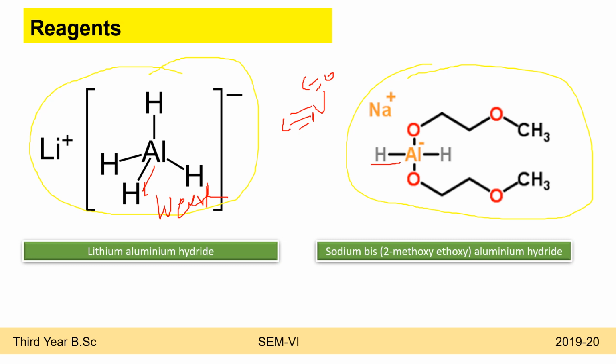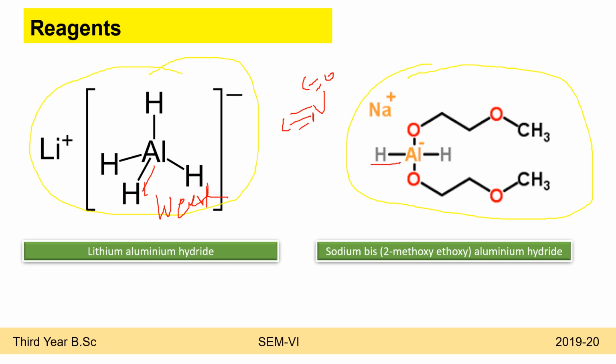Both are non-chemoselective reducing reagents. Hence it is difficult to reduce only a carbonyl group without affecting the other groups. It is a very strong reducing agent, so it is not a chemoselective reagent.